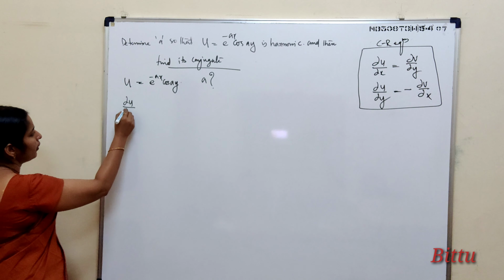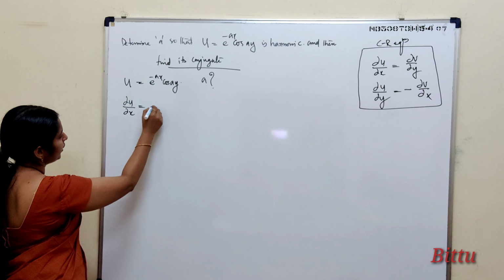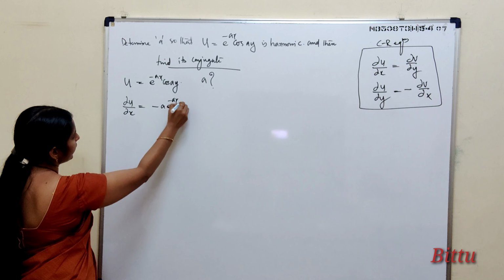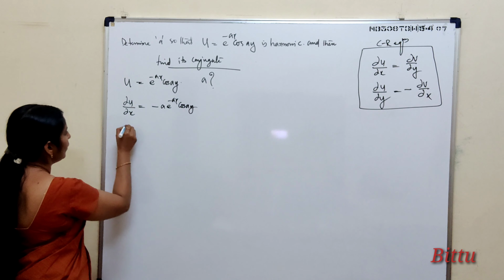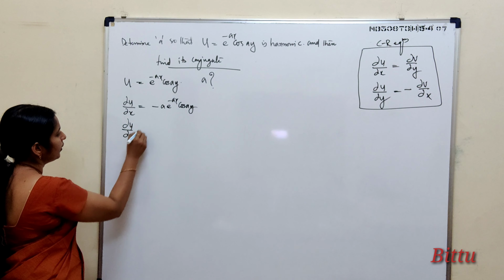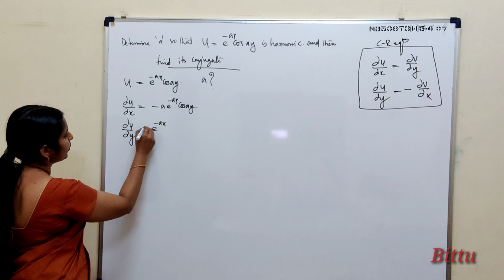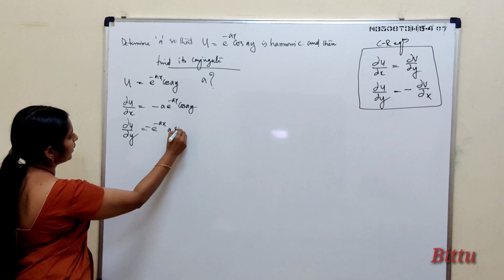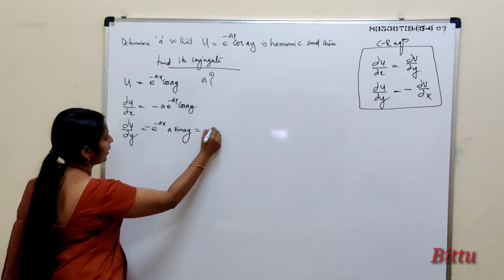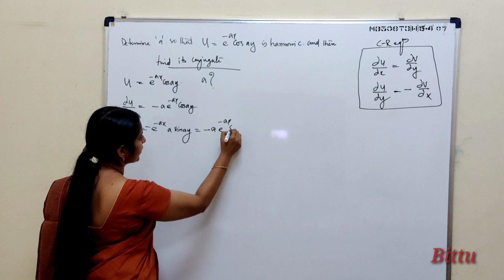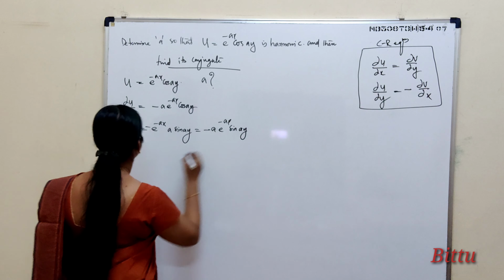So what is dou u by dou x? It is minus a e raised to minus ax cos ay. Dou u by dou y, e raised to minus ax into minus a sin ay, that is minus a e raised to minus ax sin ay.